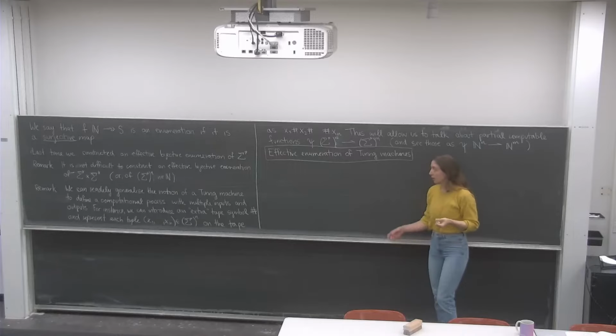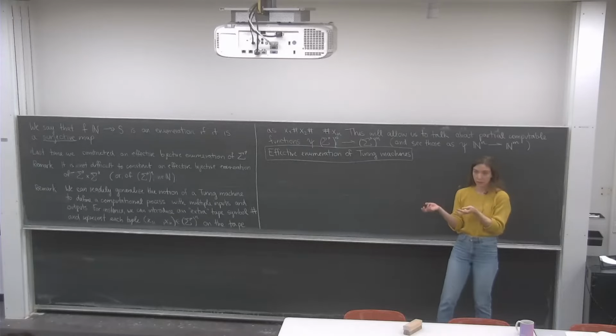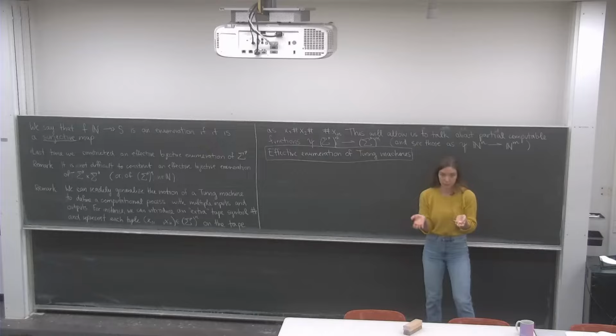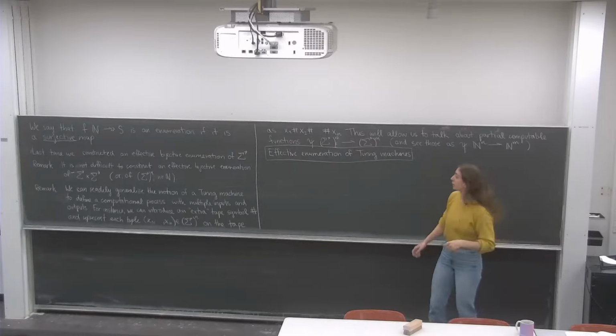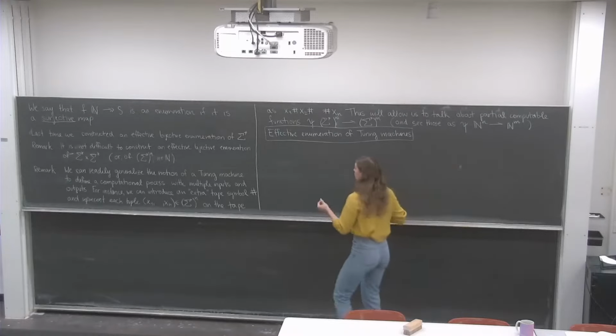So this will essentially have two steps. We will first assign to each Turing machine a string from some fixed alphabet, and then we can enumerate those strings or map them to natural numbers.